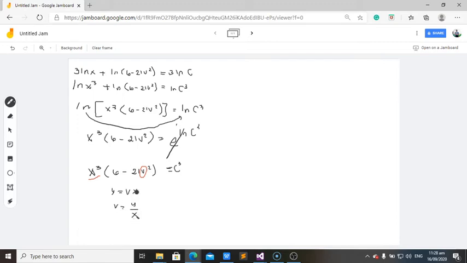So, let's just substitute. So, x cubed times 6 minus 21 times v. That is y over x then squared equals c cubed.